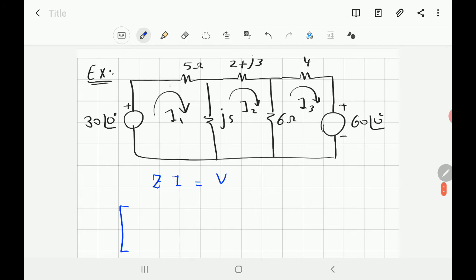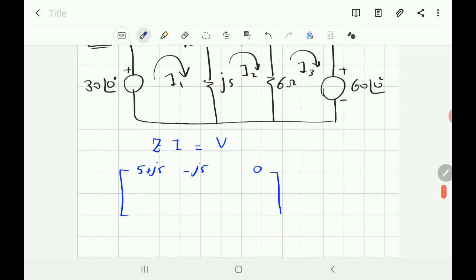You look at this mesh 1, you have only two values, 5 ohm and J5, so you have 5 plus J5. Then Z12, it's the common one, you flip the sign, minus J5. Z13, there is no connection, you just put 0. Let's go to the second row.